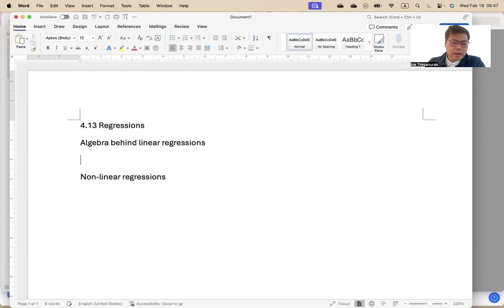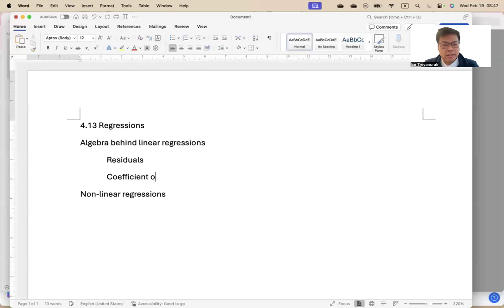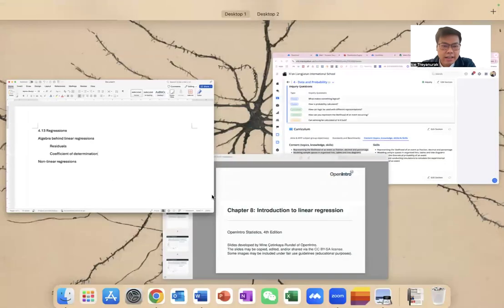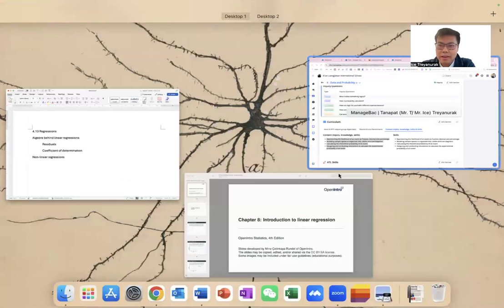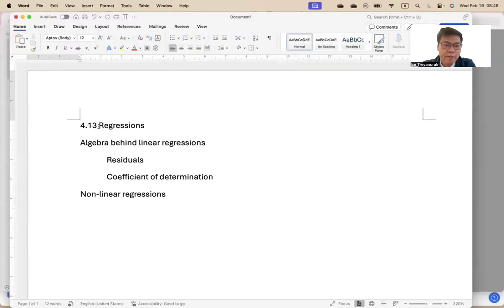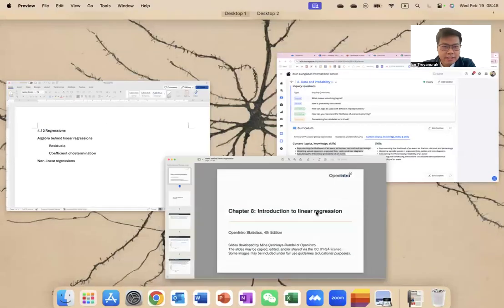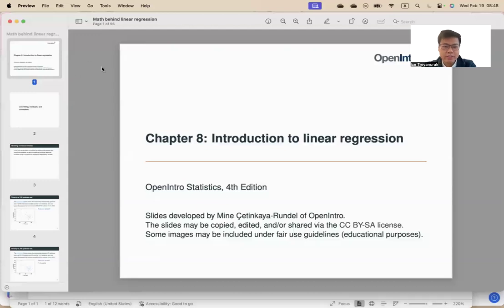As part of the algebra behind linear regressions, we will talk about something called residuals, and we will talk about the coefficient of determination. The resources we will use are the cognitive reading and a PPT. The cognitive reading is just 4.13 on cognitive, and the PPT is this one right here. And this is where we will begin.